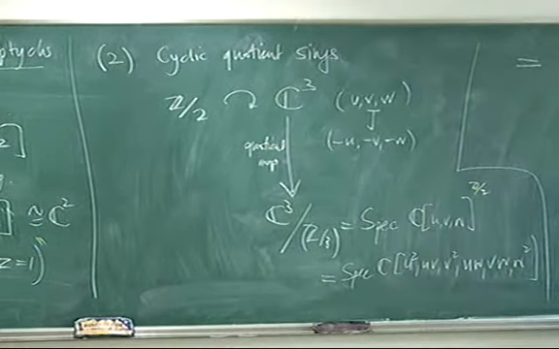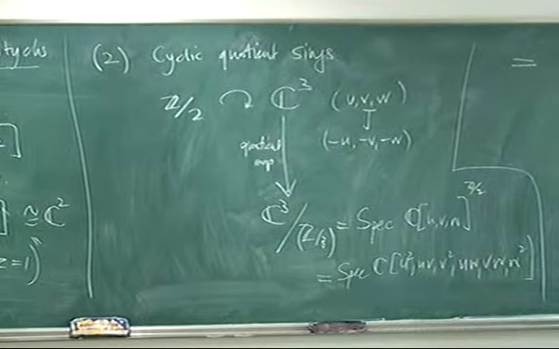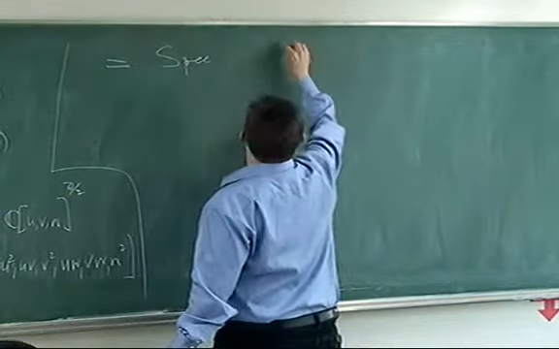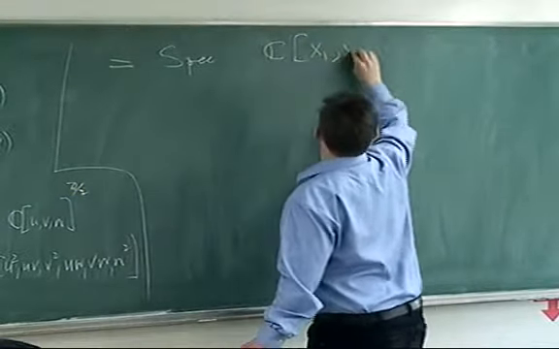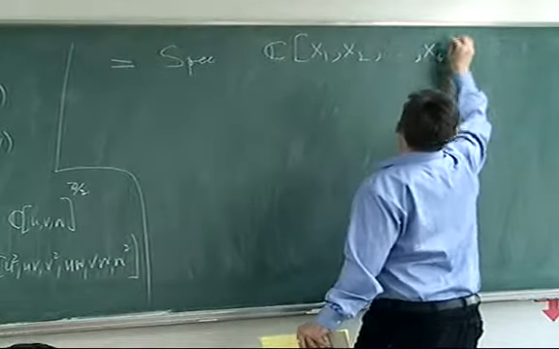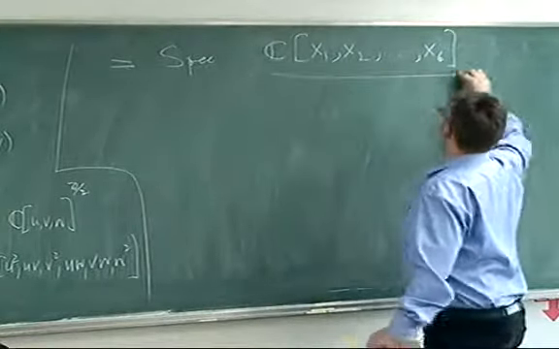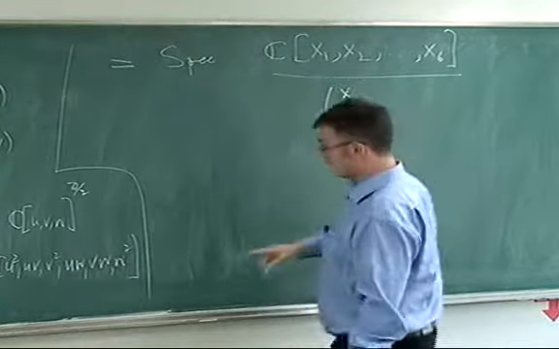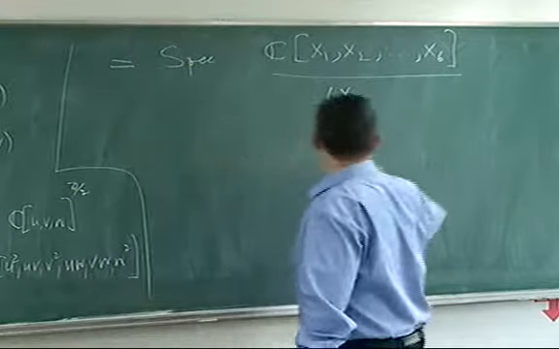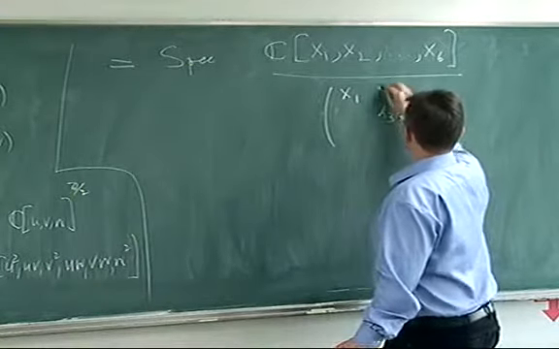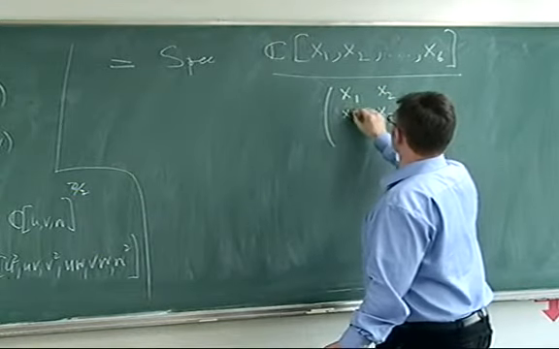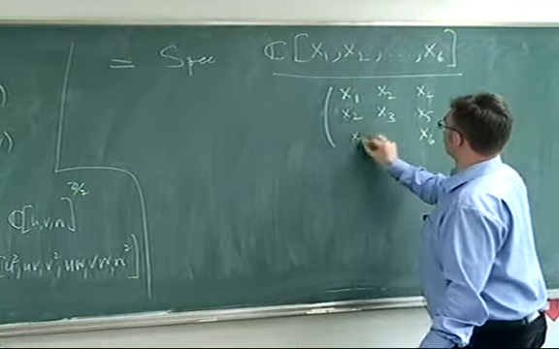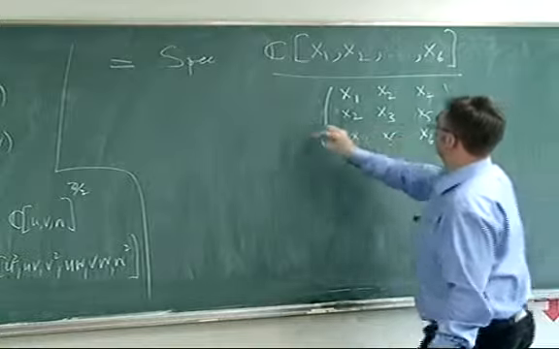If you give these new names, you can present it much more nicely: Spec of, let me write them out, x1, x2, up to x6, those 6 generators. You will have already seen how to calculate the relations between these, the 2 by 2 minors of, let me get this right, x1, x3 is x2 squared, and if I put x4, x5, and x6 here, take the 2 by 2 minors of that.